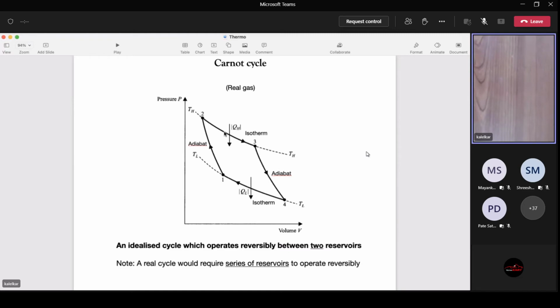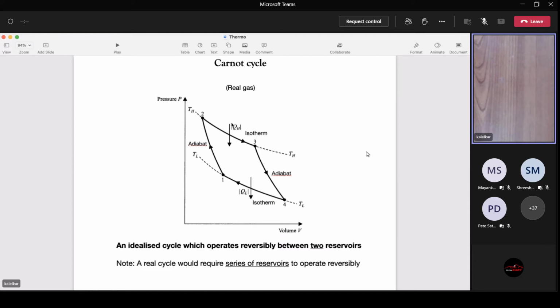Then you will allow the gas to expand isothermally. Note, expand isothermally. You expect that if a gas is expanding, its temperature will go down, right? Volume is increasing, temperature is going down. But you want to hold the temperature constant at TH. That means you will permit heat to enter into the gas from the high temperature reservoir.